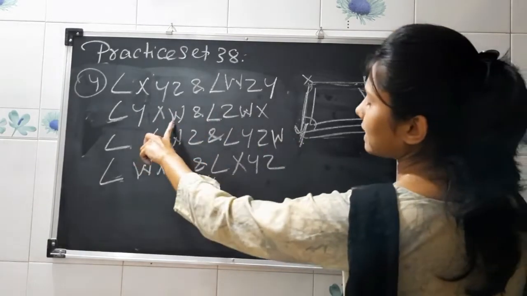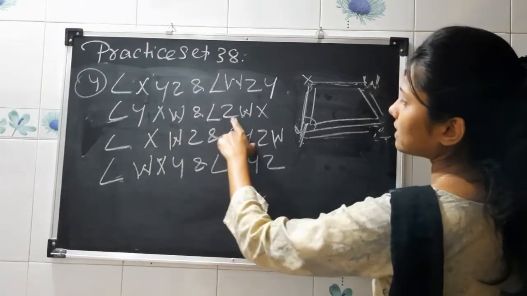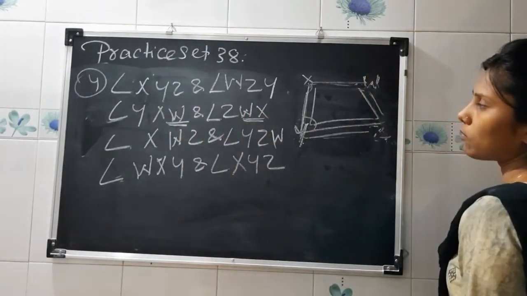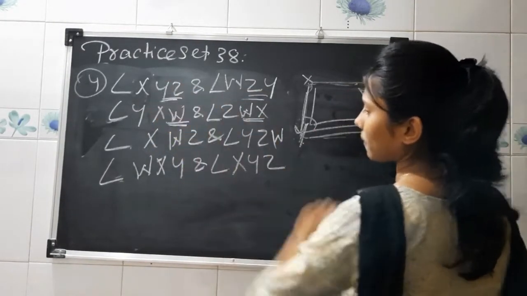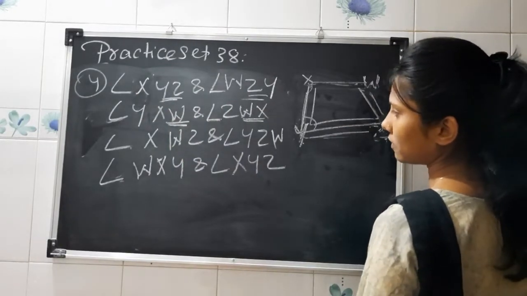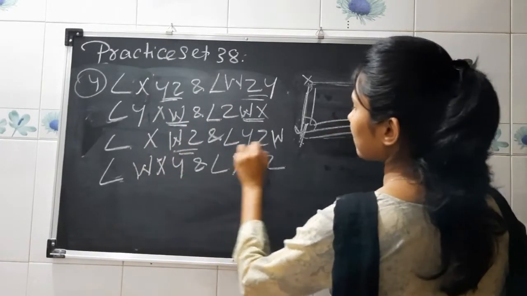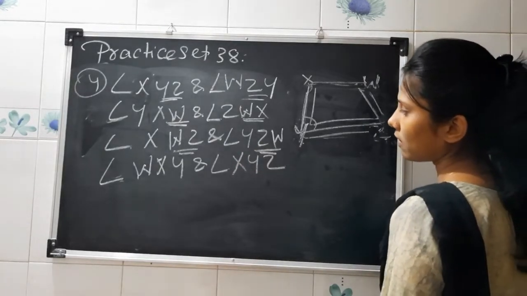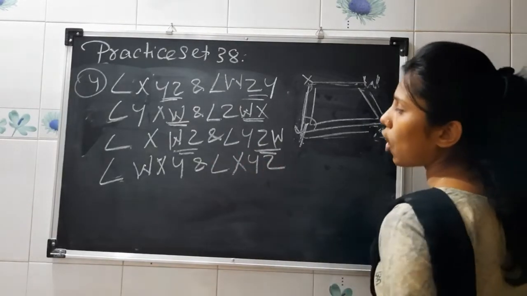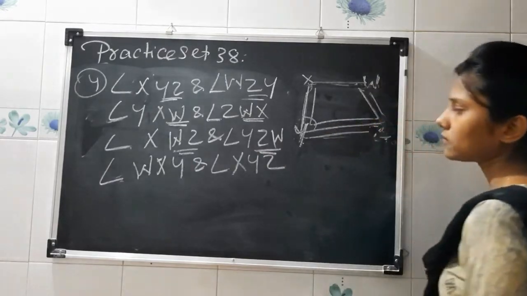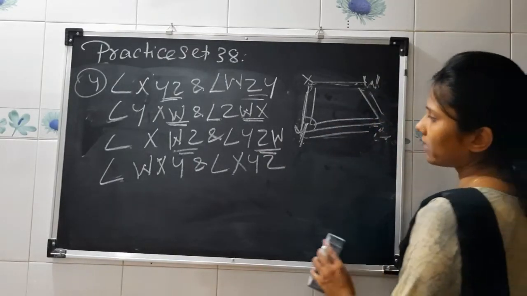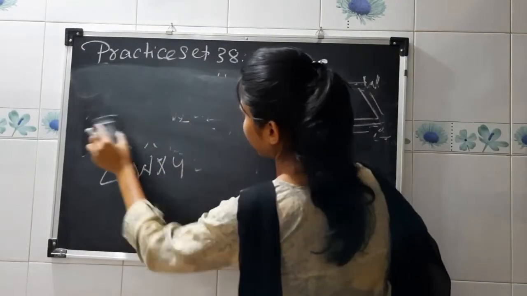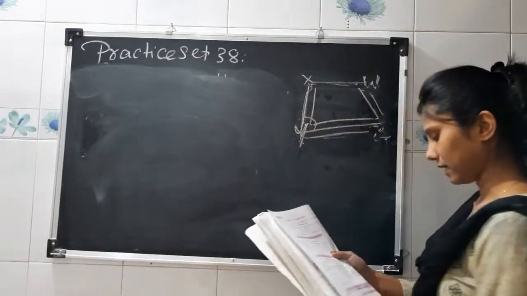Understood? Again here, angle YXW and ZWX: XW is the common arm. Again here, XWZ and YZW, both have a common arm. In this way you have to write the names of adjacent angles.